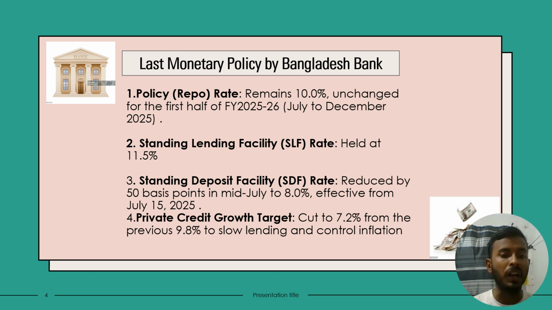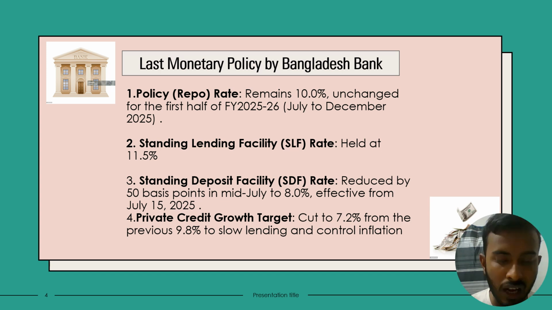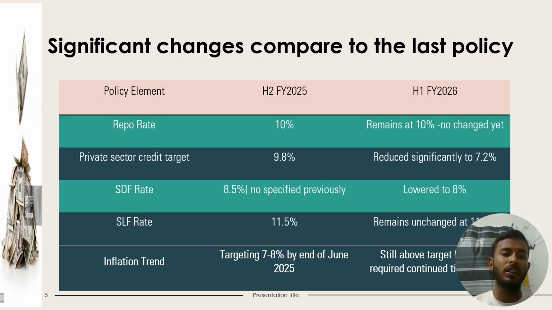And the last is the private credit growth target cut to 7.2% from the previous 9.8% to slow lending and control inflation. Now I'll discuss the significant changes compared to the last policy.